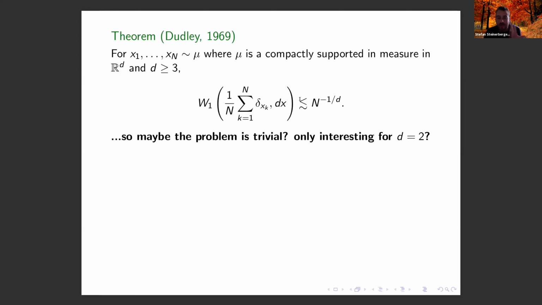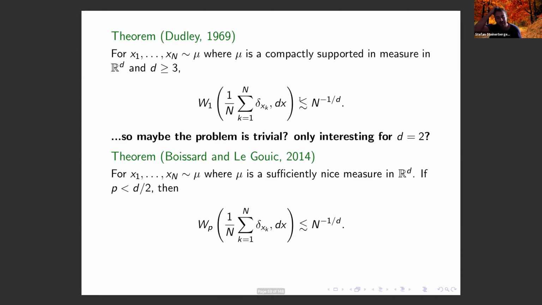So one question now is maybe the problem is trivial, because random points already do the job. Maybe the question is only interesting in 2 dimensions. And that's not true. Certainly dimension 2 is a very interesting case, but this random point asymptotic fails at some level of P. So essentially this is still true if you dial up the P up to D over 2.